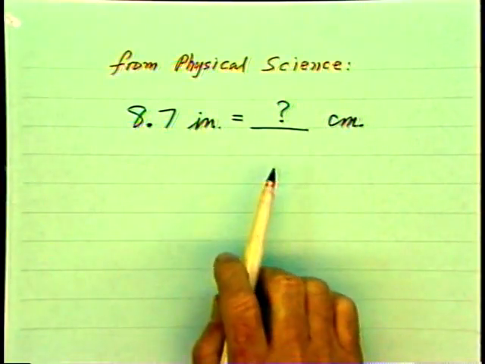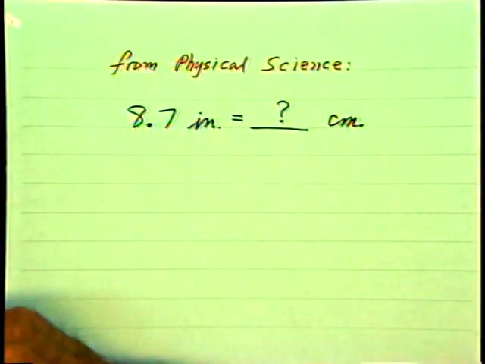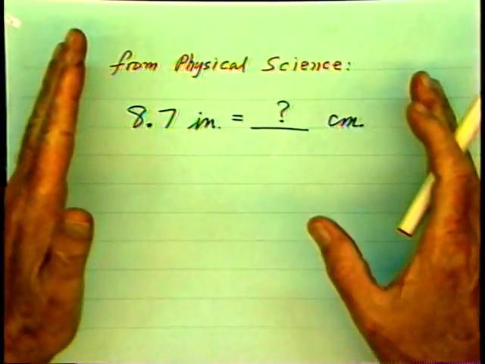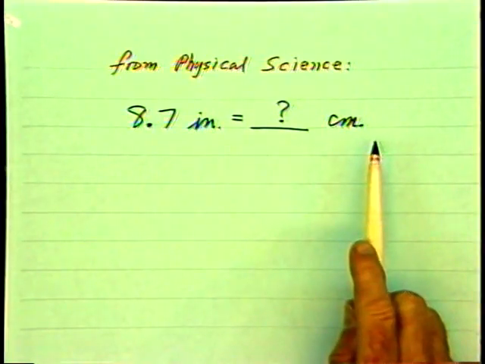In practice, there are so many problems from so many areas that can be solved by proportions that 6 to 10 lessons of this size wouldn't be enough time to even show you the kinds of problems.